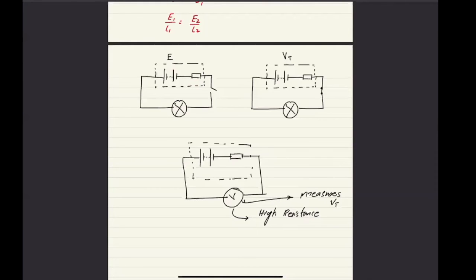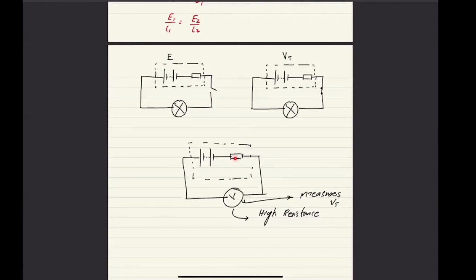So when I connect a voltmeter to a battery to measure its EMF, I would not be able to do that. What I end up measuring is the terminal potential. I use a very high resistance voltmeter, but still, as the current flows, there must be some voltage drop across the internal resistance. Because of the high resistance voltmeter, little current flows, and there would be a little voltage drop across the internal resistance.